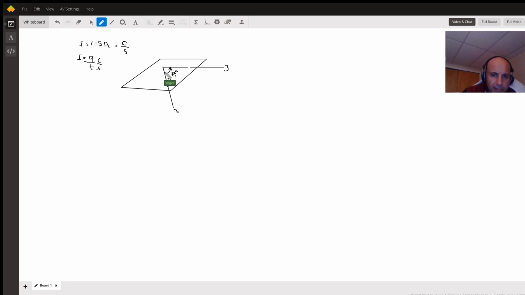So you've got this wire. Let's say this is the x-axis, and this plane here, P. And you also have a magnetic field with a value of B, which is directed in the z direction in the plane.